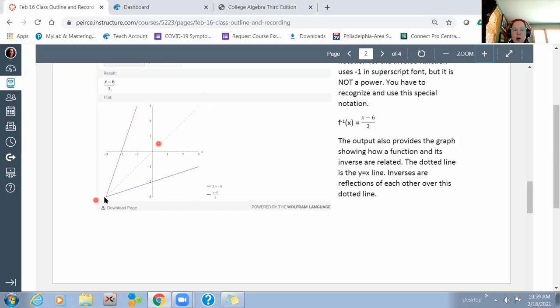So here's that dotted y equals x line, and then here are our two inverse patterns. See how they look like they've been reflected through that line. Whatever was x and y here will be y and x on the other one. So the roles of x and y have been flipped.